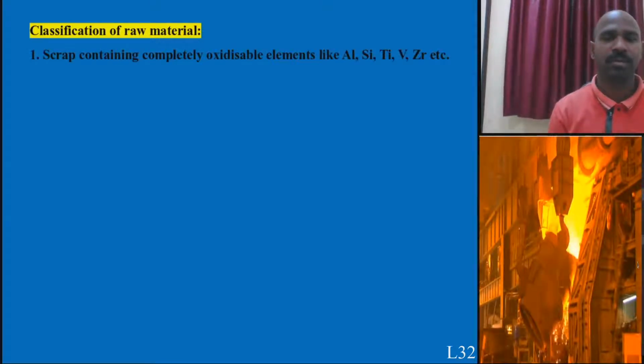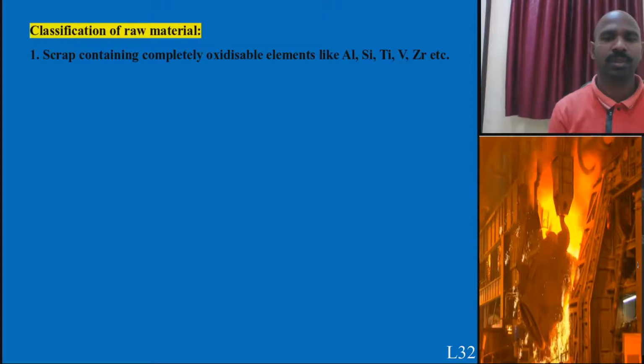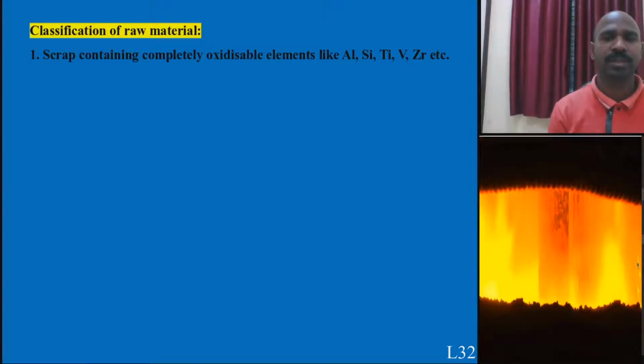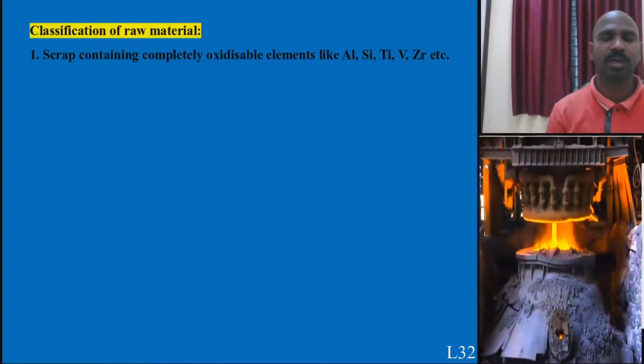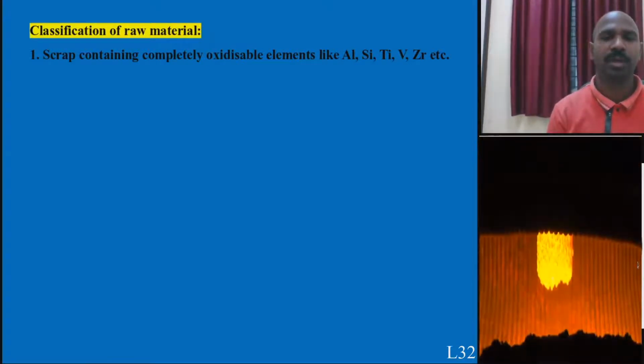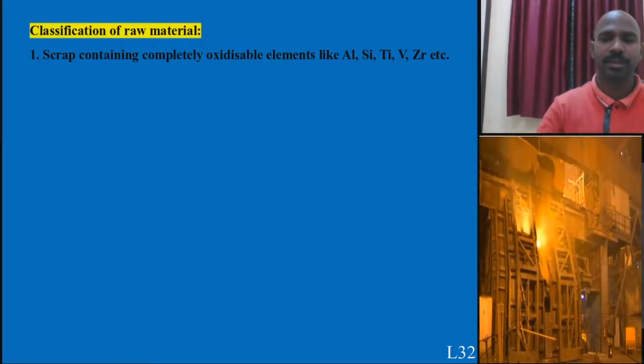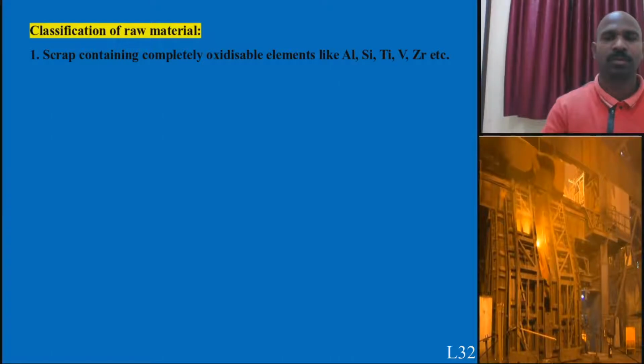There will be scrap based on oxidizing elements such as aluminum and silicon. These will immediately get oxidized. You take out a single oxidizing slag, phosphorus will be removed, and you take out the hot metal steel. That is one step of steel production.